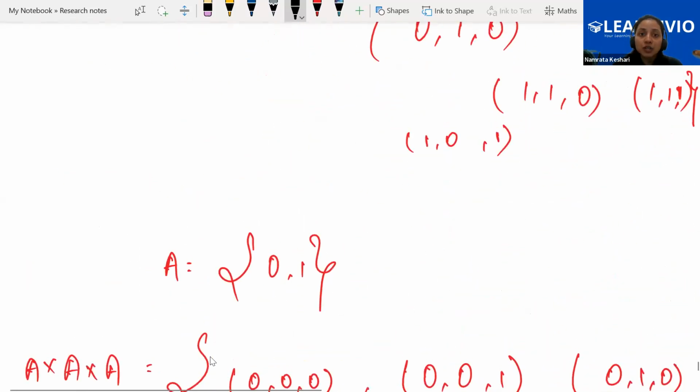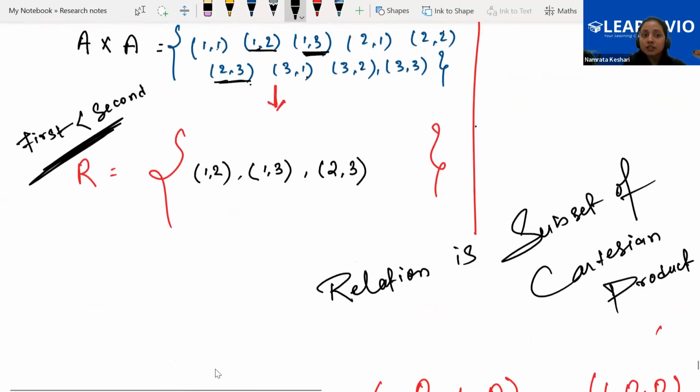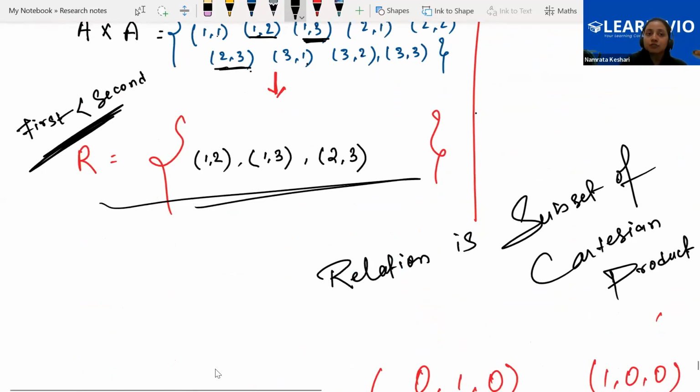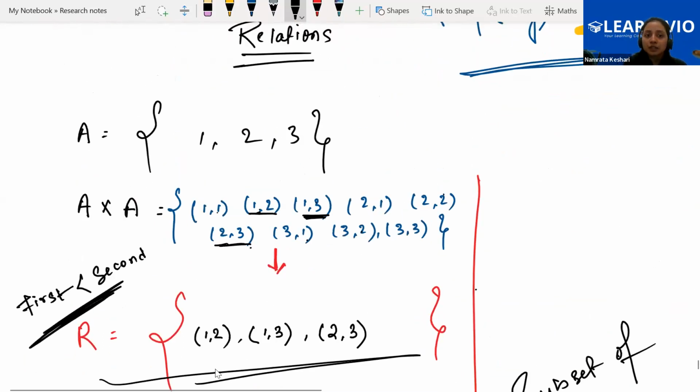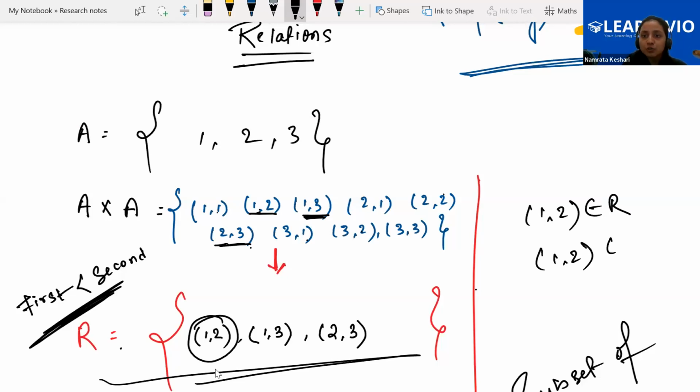If you have understood, then can you see here? This relation is the subset of this A cross A. The element 1, 2 is there in the relation. 1, 2 belongs to R, and the same 1, 2 belongs to A cross A. Apart from that, we can also see 1, 3.